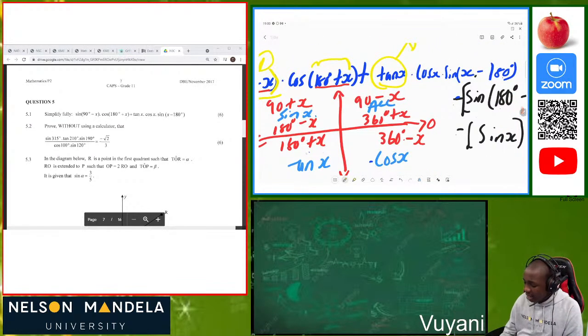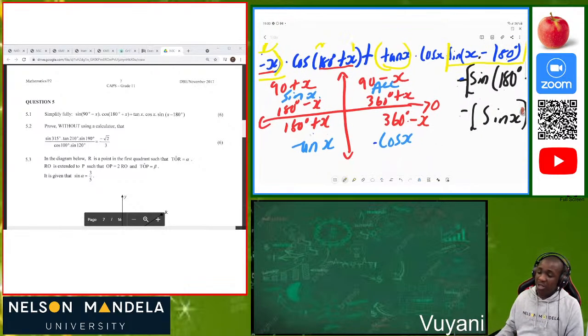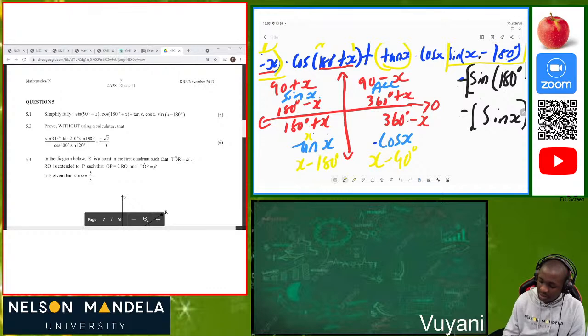Then on sine of x minus 180 degrees, this is now something which is also important. In other words, we are going in the reverse direction now. As we were saying 90 minus x, now we are saying x minus 90 degrees, x minus 180 degrees, x minus 270, then x minus 360 degrees.